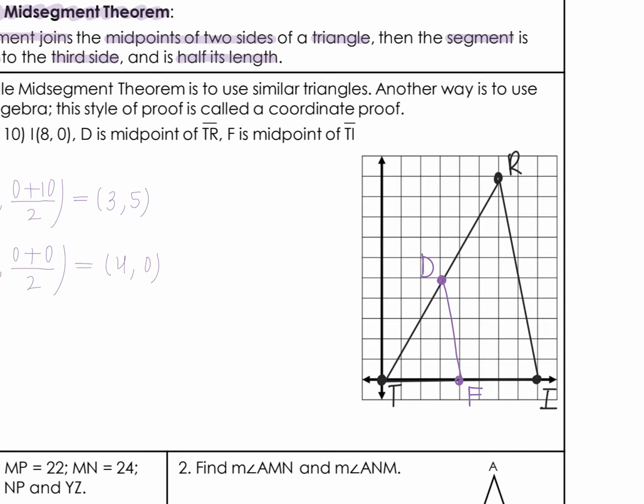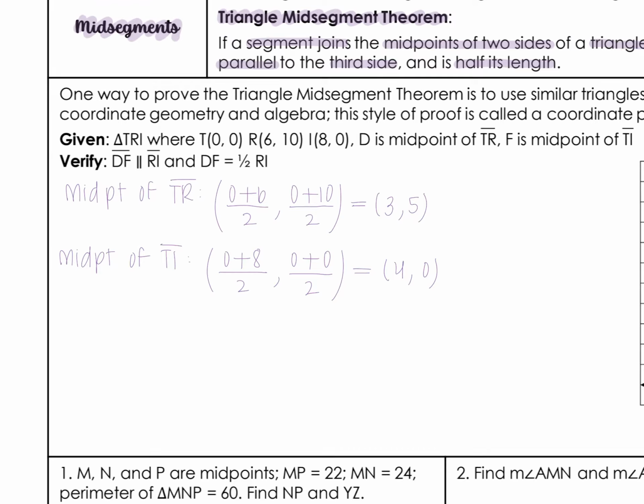All right, so now that we have our points, we are going to look and see. They want me to verify that DF is parallel to RI and that DF is half the length of RI. So let's start off by proving that this is going to be parallel.